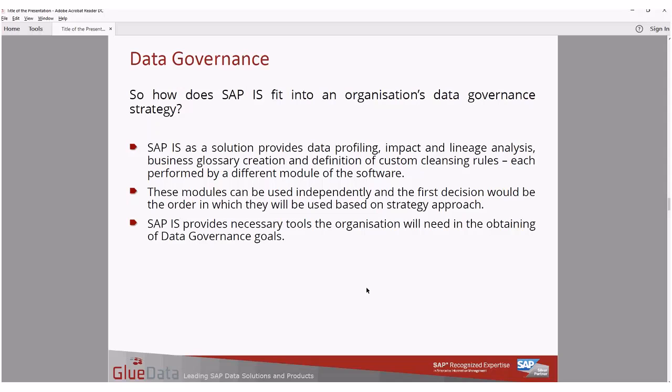Do I first want to get a common understanding of what these things mean in my organization? So do I first implement the Metapedia, which is the business glossary, or do I first profile my data, and then build some rules, and then see where the issues are, and then try and get to a business glossary later? Okay, but Information Steward effectively provides the tools the organization needs to meet those goals.